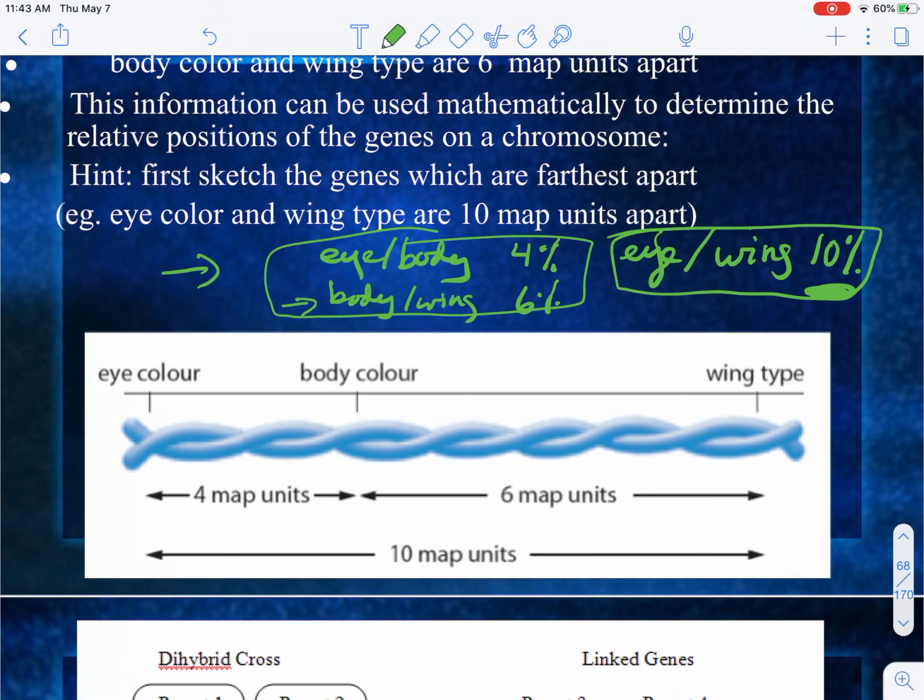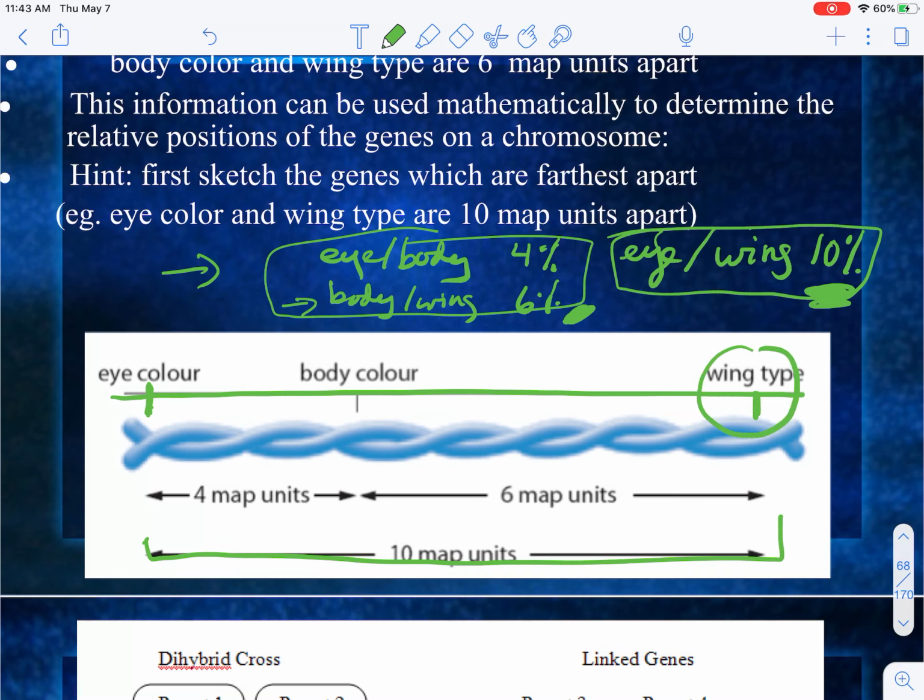So this is a kind of data that would be given, and then you can draw a gene map like this by saying which is the furthest apart here. 10% of the time it's eye and wing. So I would draw a line that's your chromosome and say that eye and wing are 10 units apart.